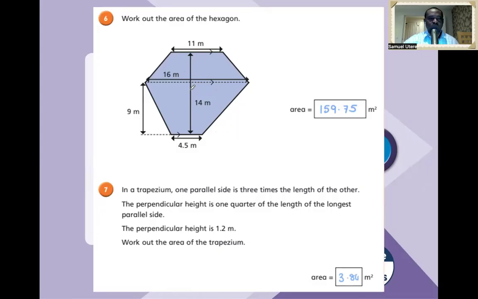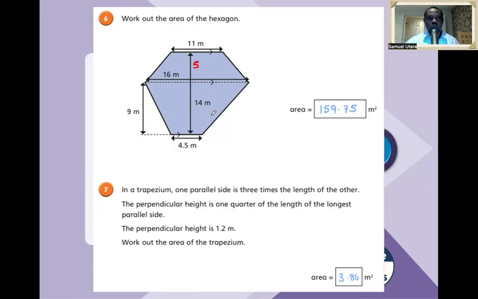What I notice here is this whole thing is 14. From here to here is 9, so from here to here will be 5, because 9 plus 5 will be 14.